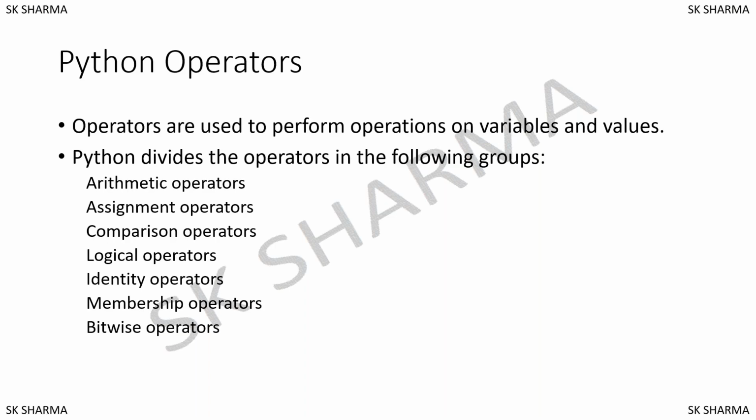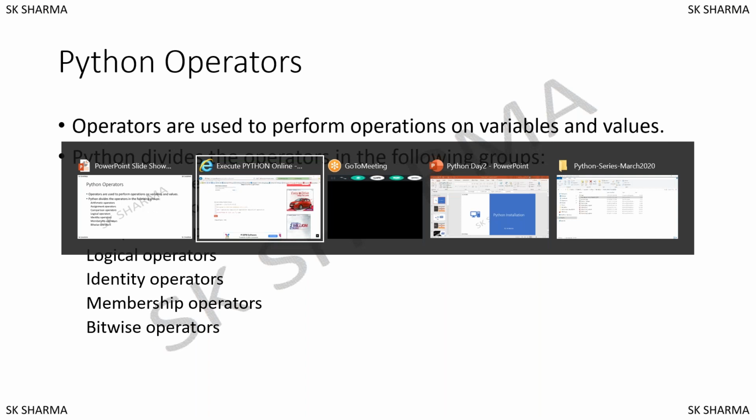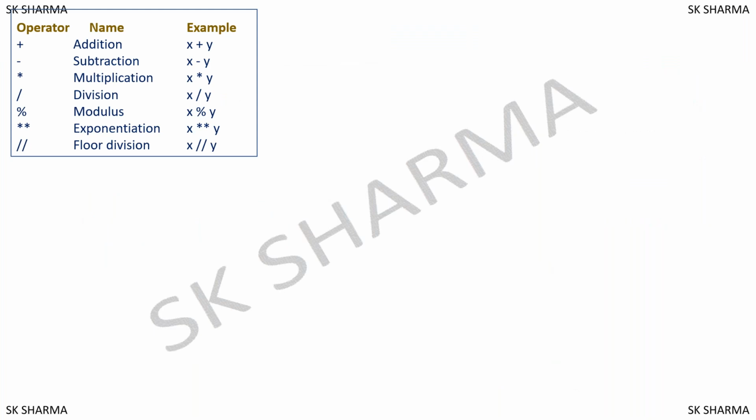Okay, what is on the next slide? I just want to show you something here. So in arithmetic operators, we find these operators: plus, minus, multiply, divide, modulus, exponentiation, floor division.